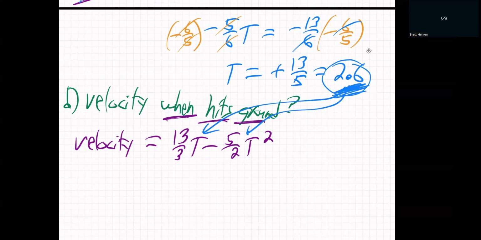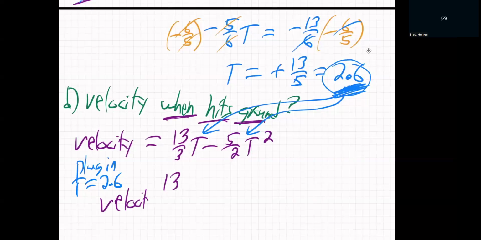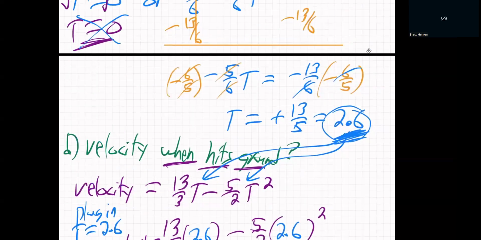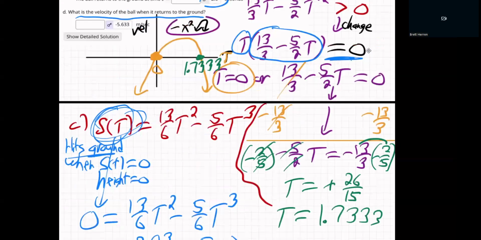So just plug in t is 2.6 because we know it's at 2.6 seconds when the ball hits the ground. And we want to know the velocity at that moment. Plug in 2.6 here, 2.6 there. Hit the buttons on your calculator. Go to Desmos and hit the buttons.